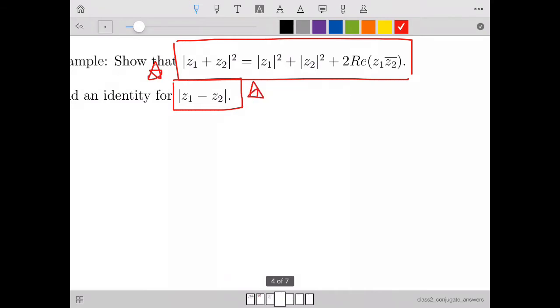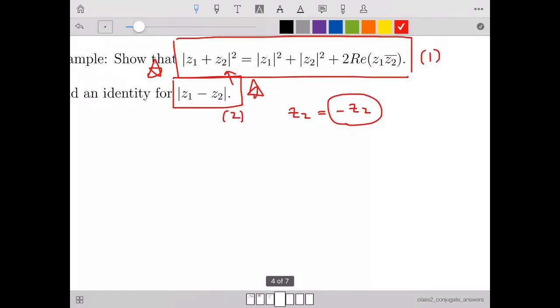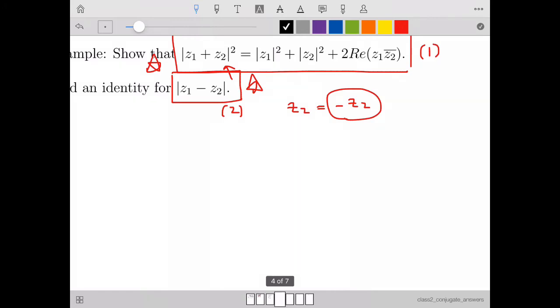So if I prove 1, then 2 is obtained by putting minus Z2 in place of Z2. So let's prove 1.